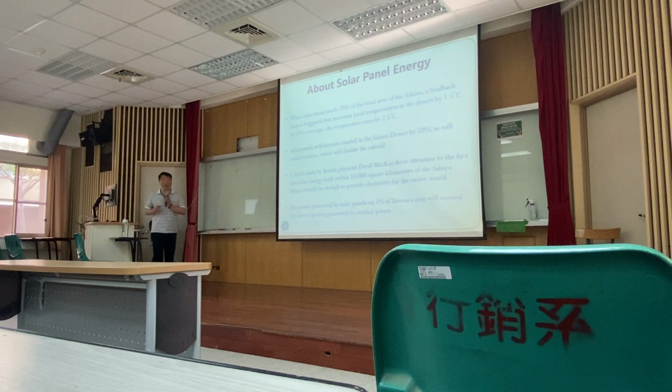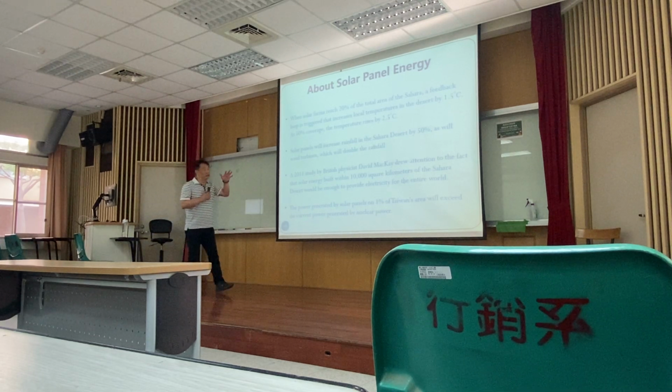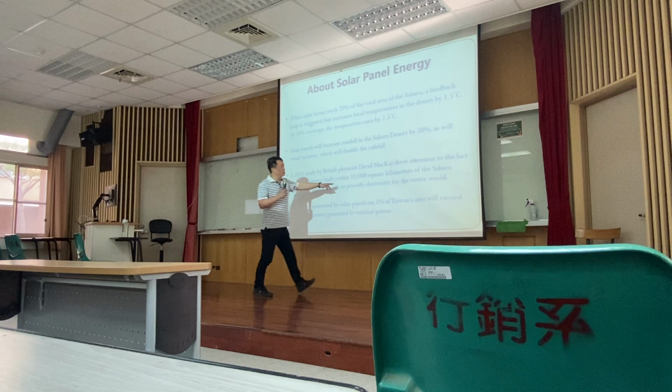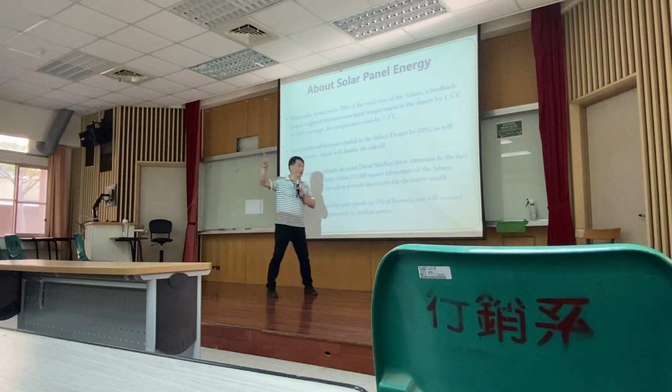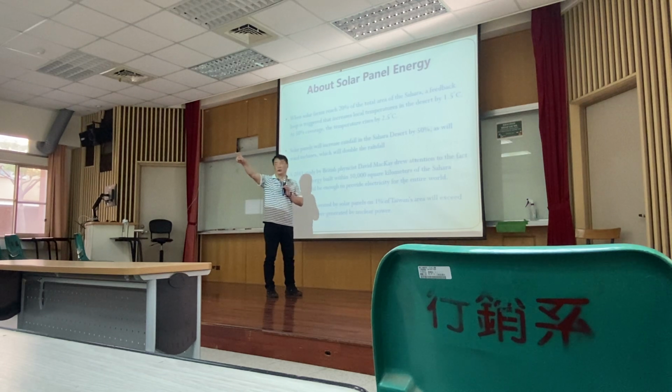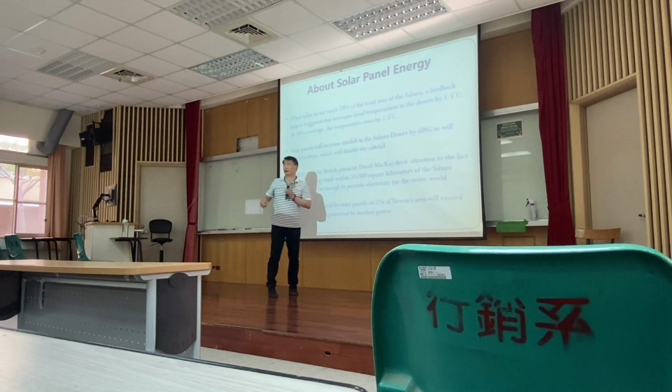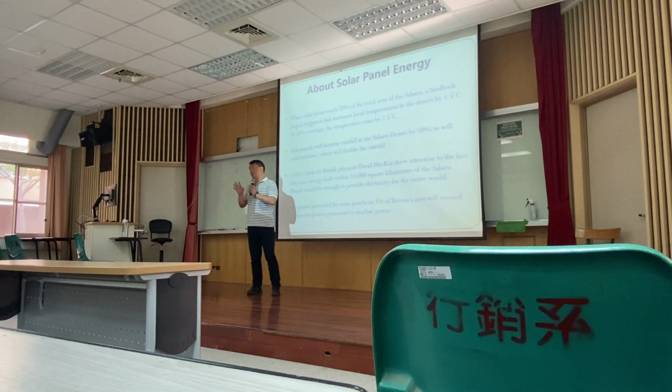After computation, based on the sunshine, we actually don't need a lot. A 100 kilometer by 100 kilometer area with all the solar panels is enough to supply the whole world. Actually, it's not a lot.